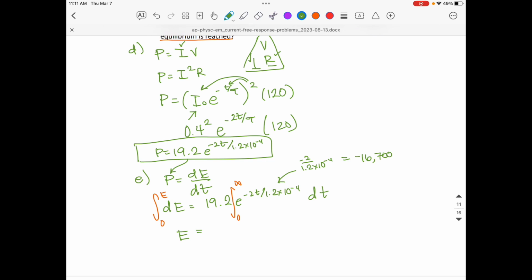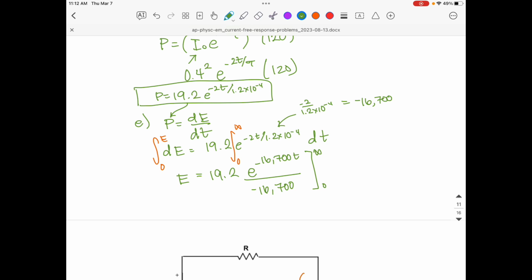And I rounded that, but still get a pretty decent answer. So if I integrate e to the -16,700 times t, I get the same function, but I have to divide by the -16,700 because that's the derivative of that function, and then I'm going from the limits of infinity to 0.